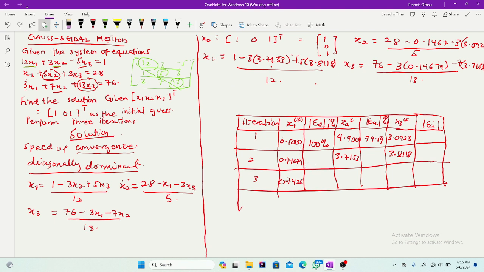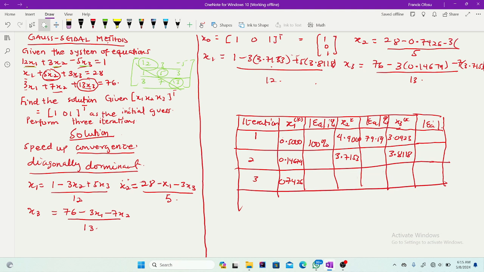So for x2, I'll simply have the changes made here. For our x2, I'll simply have 28 minus my x1, and my current x1 is 0.7426, okay, minus 3 times my x3.